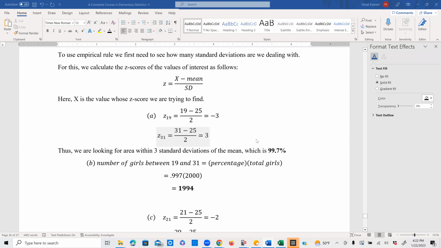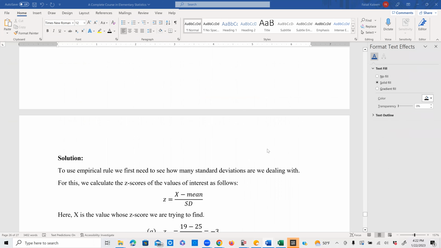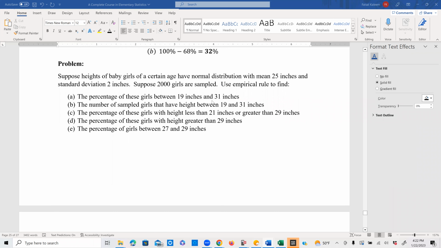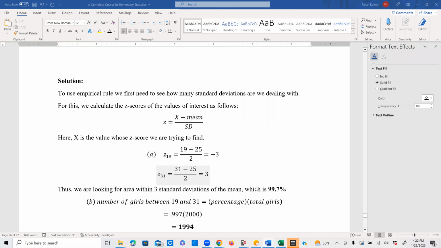So we are talking about 3 standard deviations from the mean, and we know that the area within 3 standard deviations is 99.7. So whenever they say find the area between this and this, and you find equal number of standard deviations on either side, one positive and one negative, then it's just a straight up looking up what the empirical rule is saying. So if it's 3 standard deviations, we are talking 99.7% area.